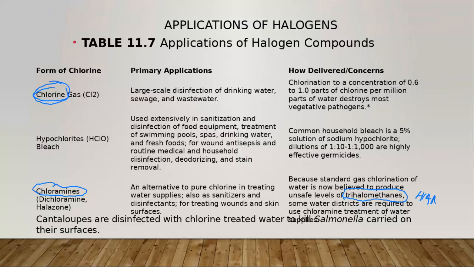And these two chemicals, THM, trihalomethanes, and haloacetic acid, HAA, are considered carcinogenic. They can cause cancer after long term use or long term contamination in our drinking water.